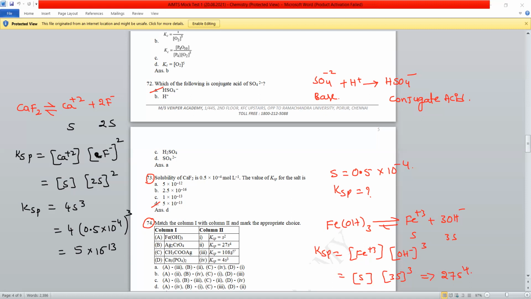Calcium phosphate gives 108 S to the power 5. Students, you can check the columns with the same method, as we followed for CaF2 and Fe(OH)3, and do the remaining molecules to get your answers.